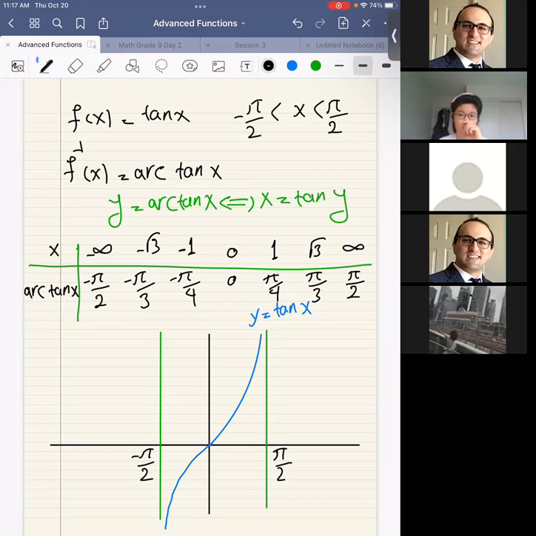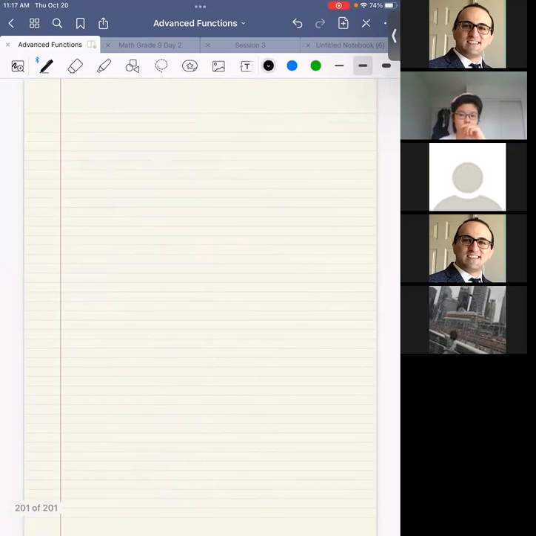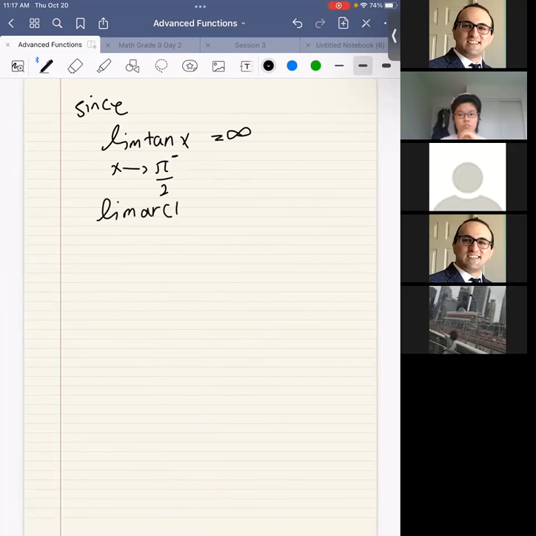So we know that since the limit of tangent of x as x goes to pi half from the left is infinity, then that means the limit of arctan of x when x approaches infinity is pi half.